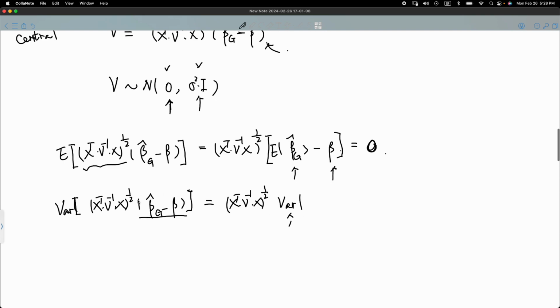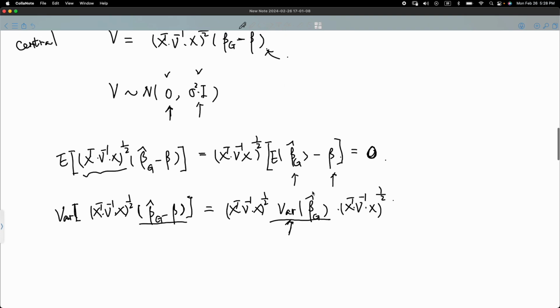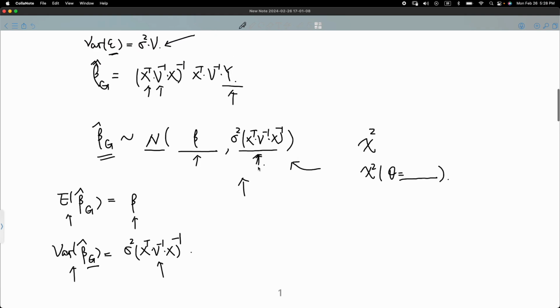So the variance of this difference is essentially the variance of beta g hat only. That would be one comment that we can make here. And then you have X transpose V inverse X to the 1/2.